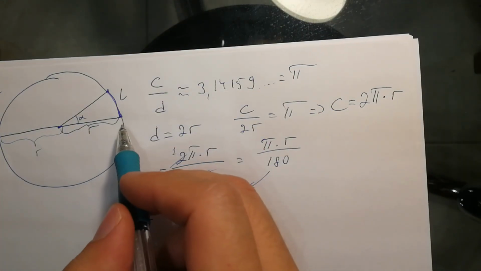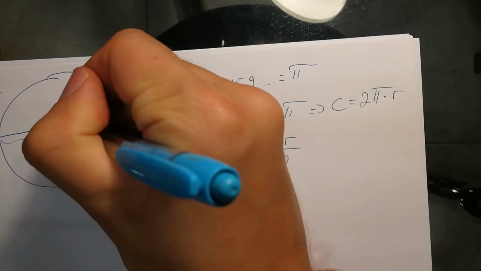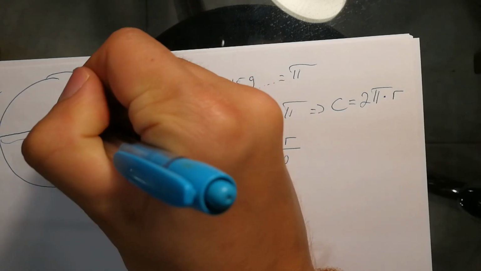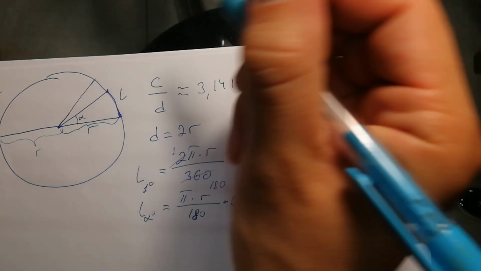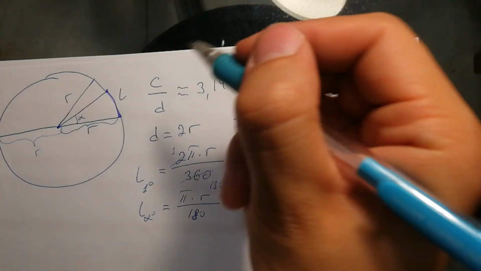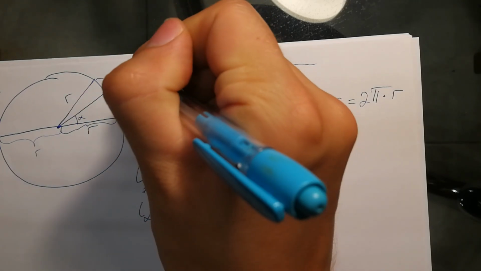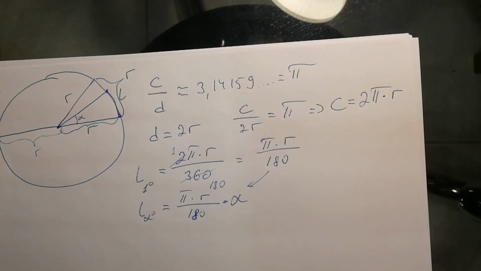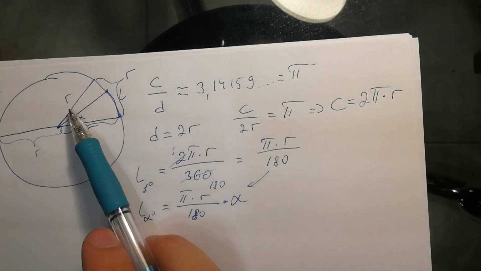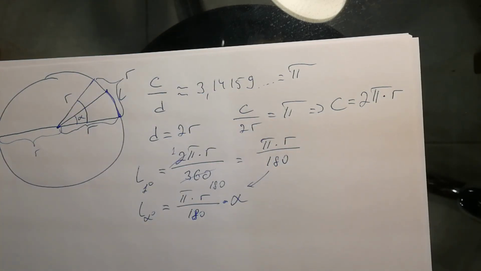For example, here we have a radius, and if we put it like this, approximately, and this will also be a radius, and if this length is the same as the length of the radius, what angle will be here?